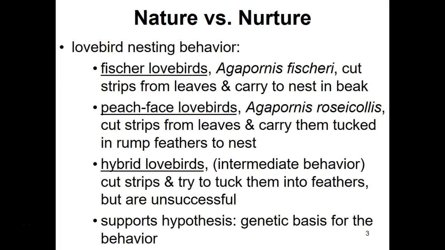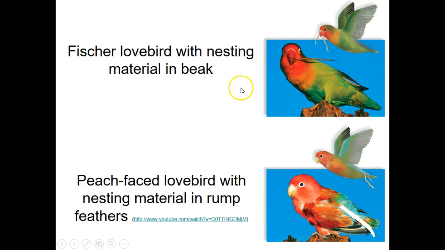So here we have an example of two different types of birds. The Fisher lovebird carries nesting materials in its beak and makes its nest, while the peach-faced lovebird carries nesting material in its rump and then makes its nest.